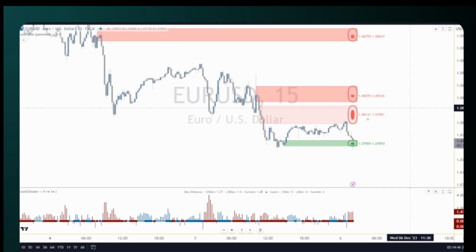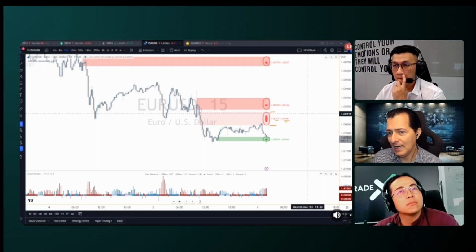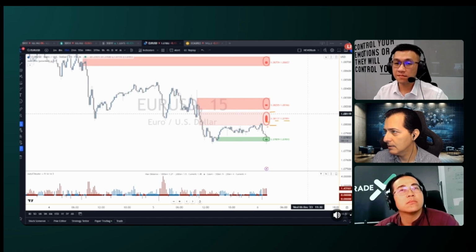So a trader that is very risk averse could say, look, instead of getting short at 0.813 with a stop at 0.799, I'm just going to go short here, a little higher.